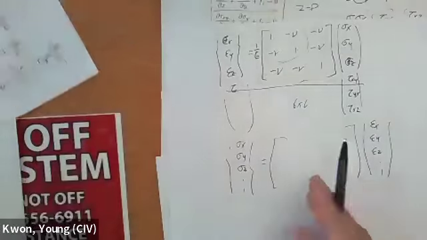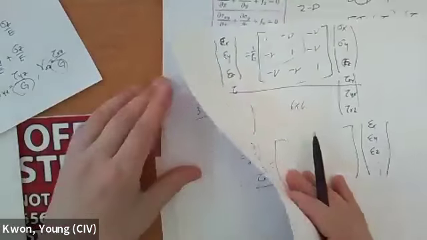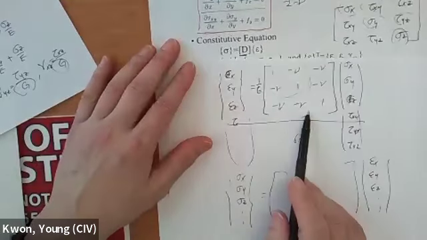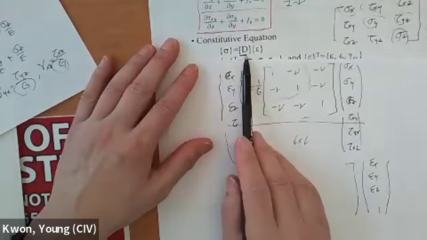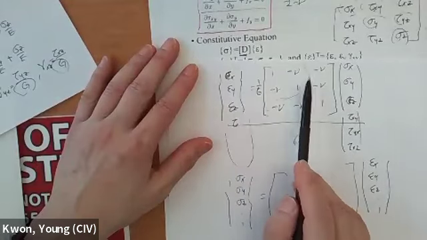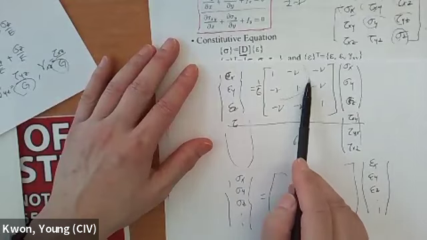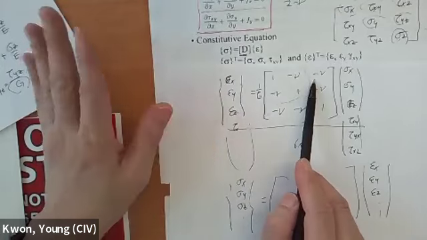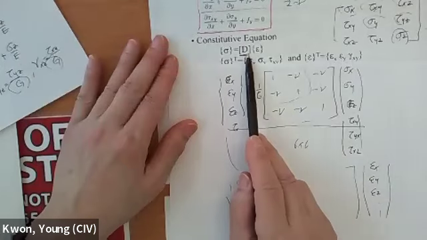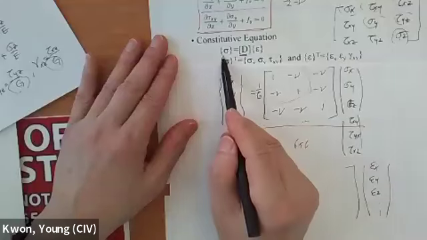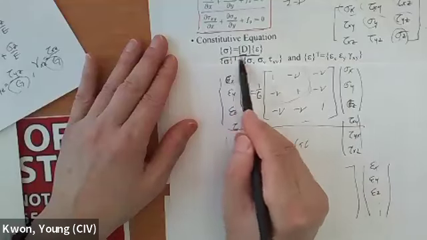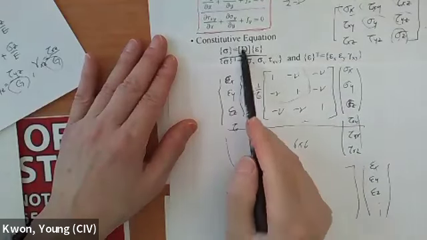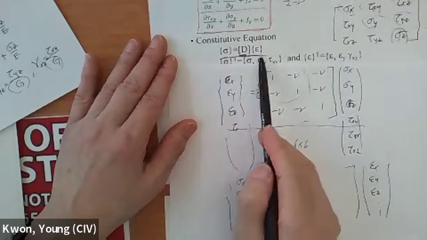So this inverted matrix, we call matrix D. So D depends on the material, 1D, 2D, 3D, or isotropic, orthotropic, and anisotropic. We'll talk about that in a minute. But in general, we have relationship between stress and strain in this manner, and D is going to be the constitutive matrix relating stress and strain.